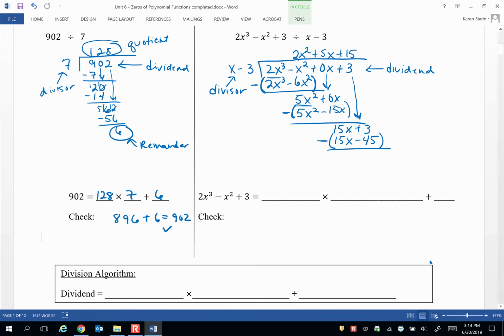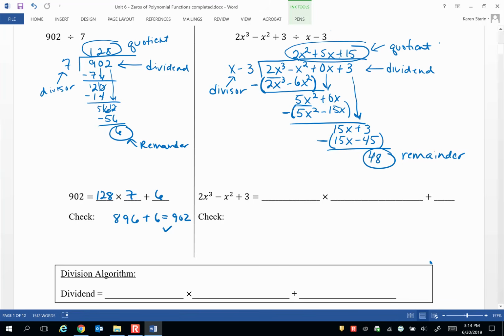By design, 15x minus 15x is nothing. I've eliminated the leading term. 3 minus a negative 45 is a positive 48. Now I'm out of terms to bring down, so I know I'm finished. So this is my remainder. And now that I'm finished, 2x squared plus 5x plus 15 is my quotient.